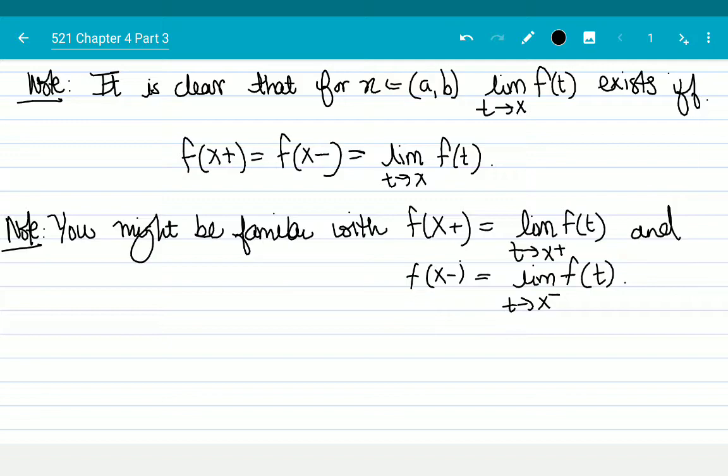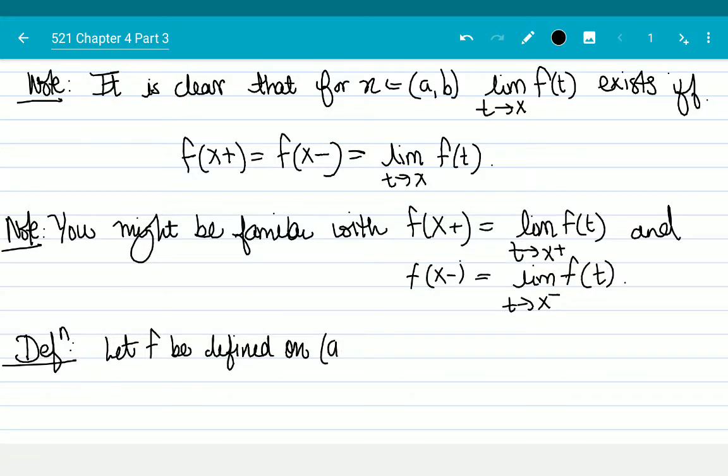Okay. So now we can talk about discontinuities. Definition: let f be defined on (a, b).